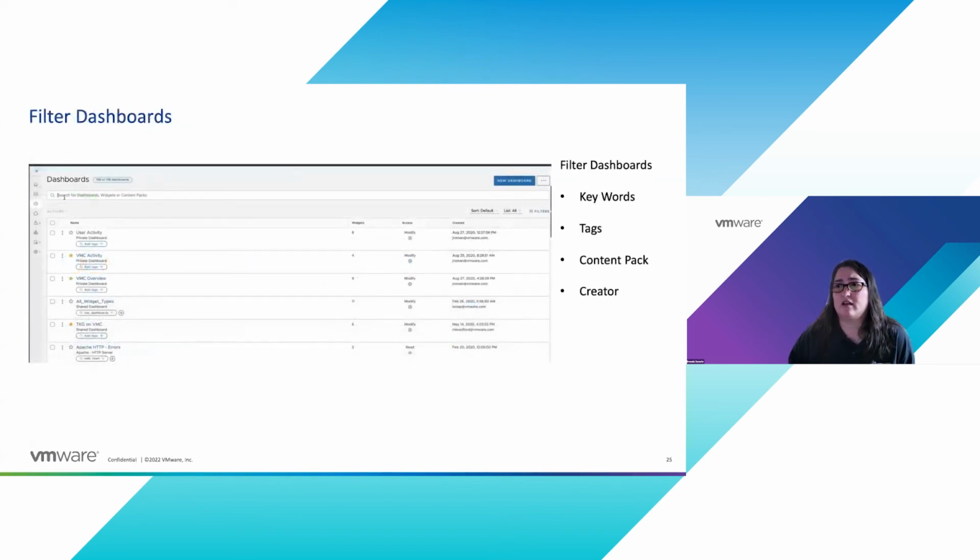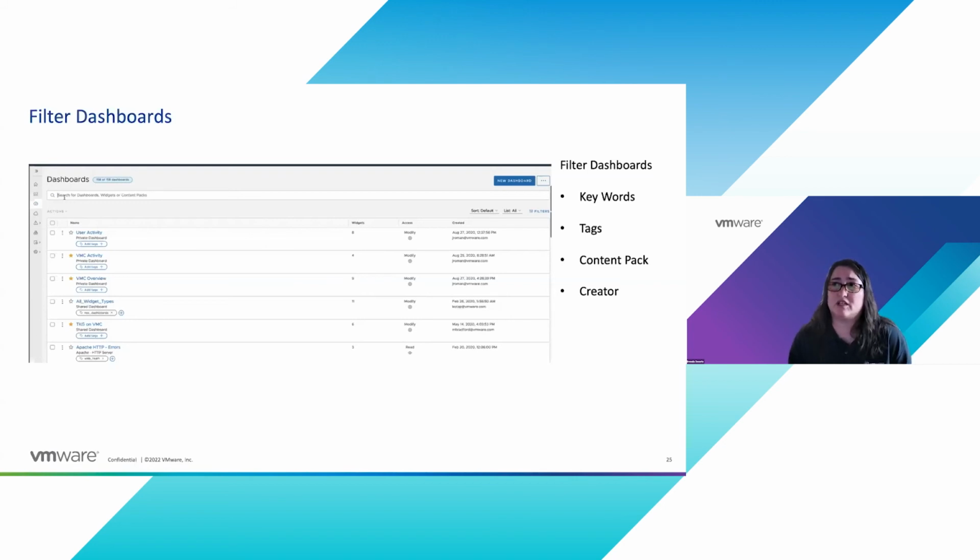All right, and then the last thing that I wanted to talk about is the dashboard. Depending on the number of content packs that you have and the number of custom dashboards you create, you could end up with a large grouping of dashboards. And that's where it becomes important to understand which dashboards are going to be important to you.